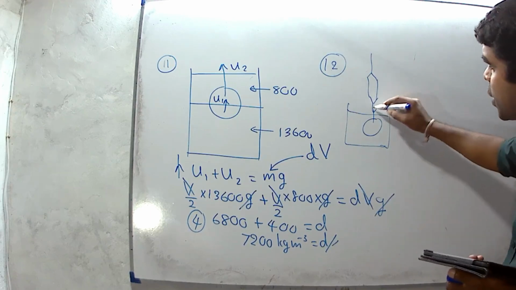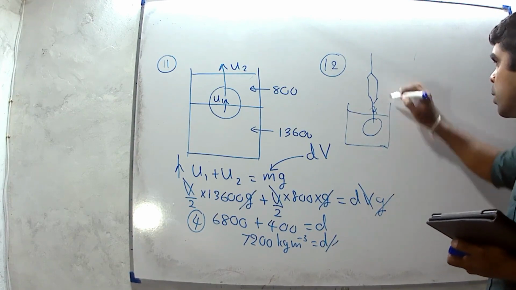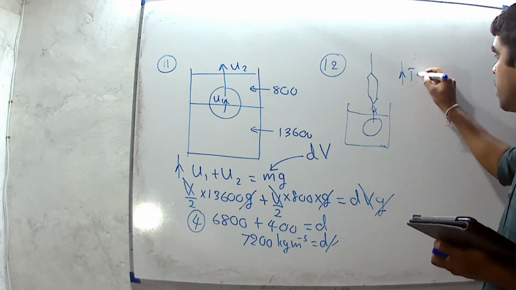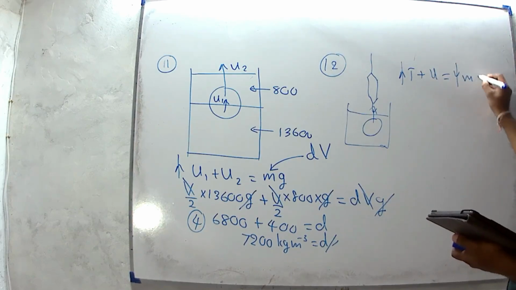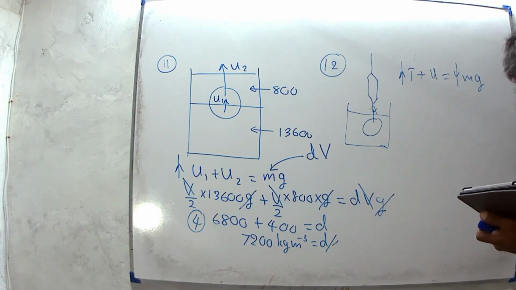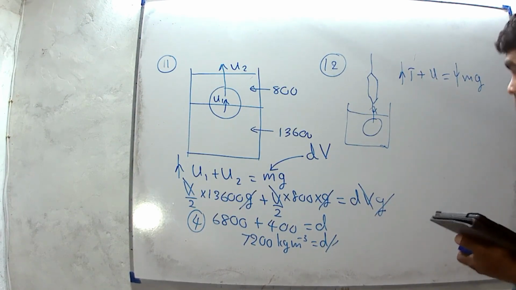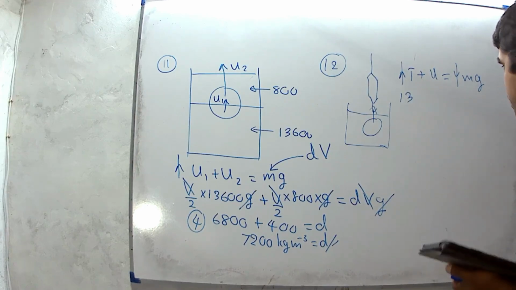Then it means the tension. We can consider equilibrium of the crown: tension plus upthrust equals downward force, weight. Now they have given the tension. It is the apparent mass 1.3 kilograms, 13 Newton.